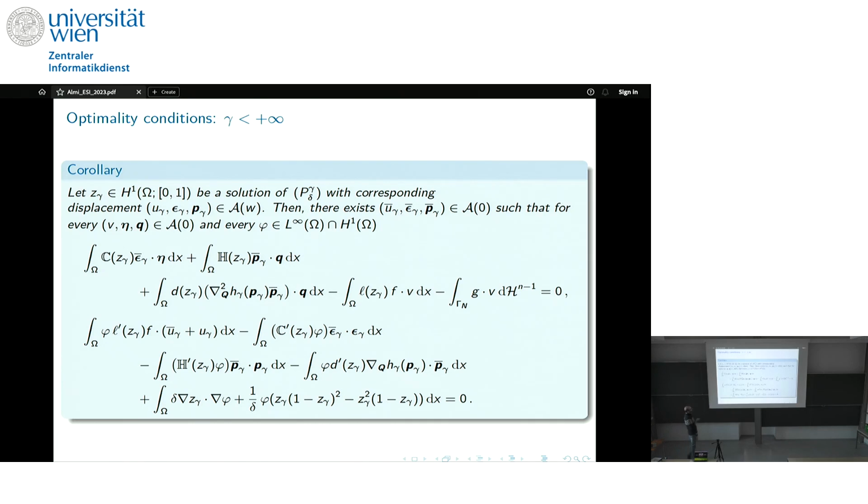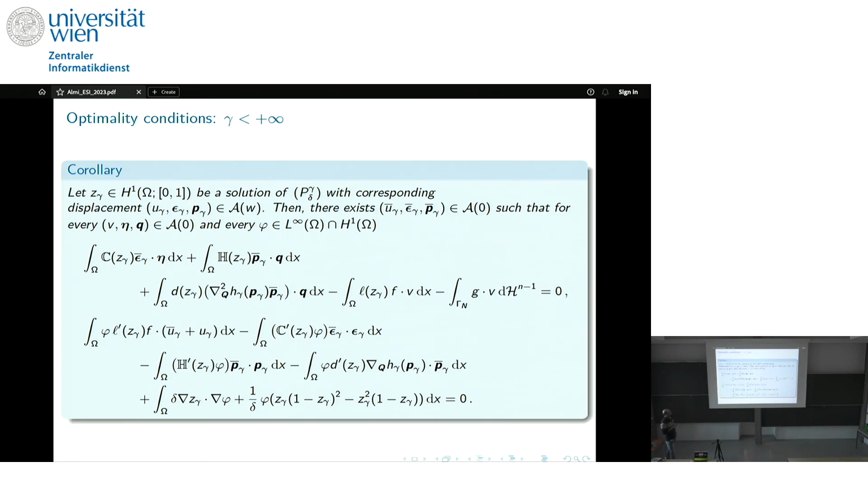And the second one instead is the optimality of the cost function. If you remember what the cost function was, you just take the derivative and play around with the adjoint system, so basically with this system over here. So this is what you get for gamma finite.